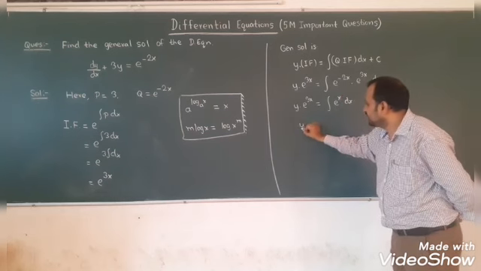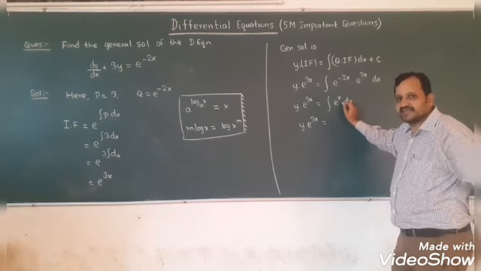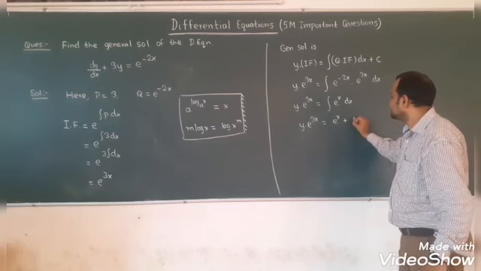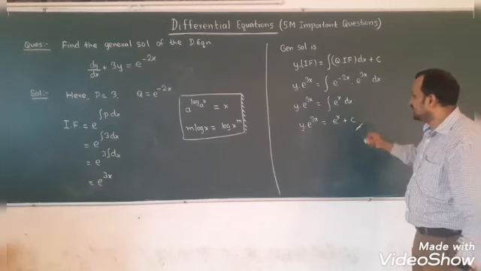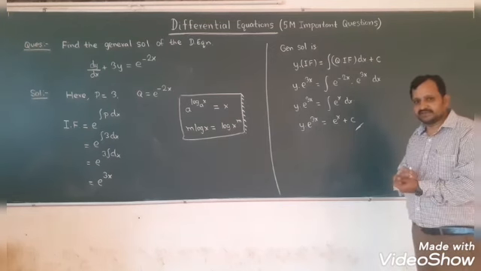So y into e power 3x is equal to integral of e power x, which is e power x plus c. So this is the required answer. I hope the solution is clear.